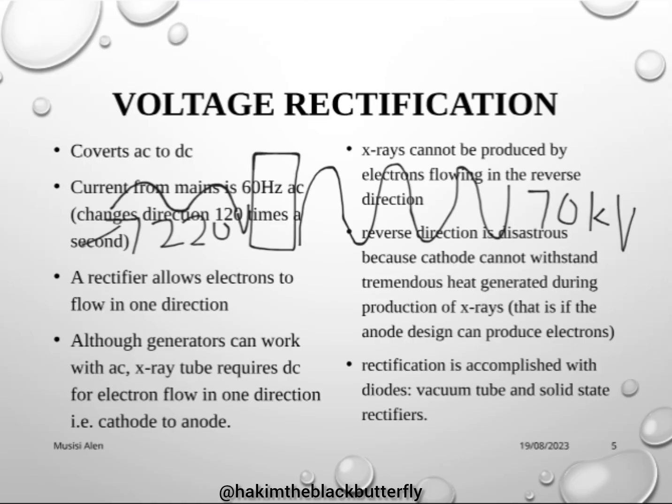So that's why the X-ray tube does not work on alternating current. It must only work on direct current. So within the high voltage generator, we have these rectifiers that convert the alternating current to direct current, and then it goes into the X-ray tube.